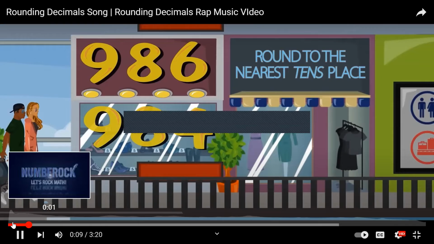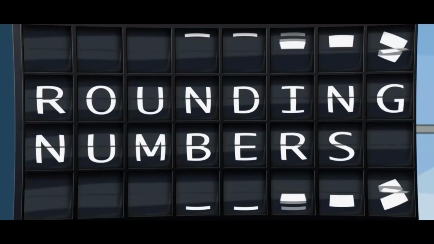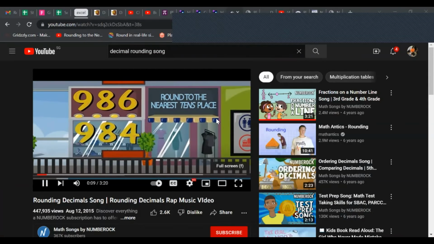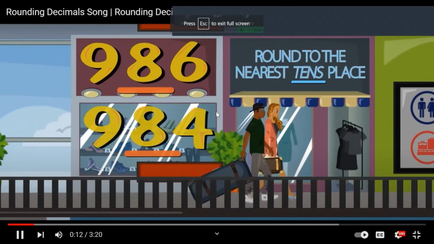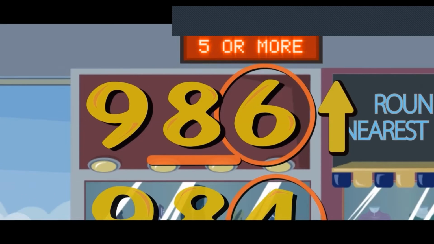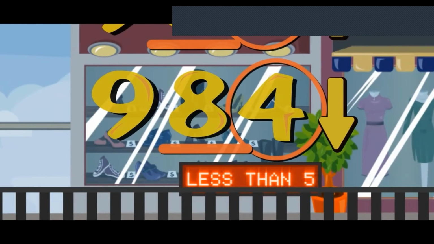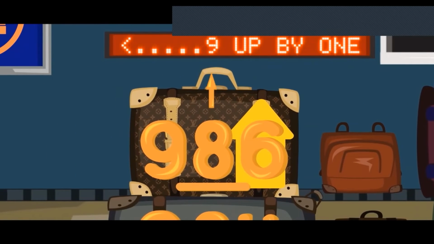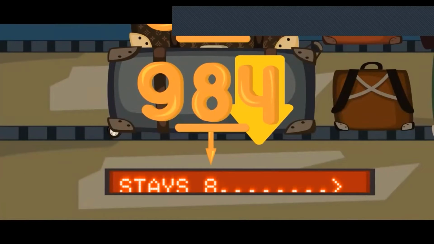When rounding to a certain place value, find the rounding place, then continue to look at the number to the right. You don't need luck. If the digit is 5 or more, then you round up. If the digit is less than 5, then you round down. That's how the rounded number is found. When rounding up, the rounding place goes up by 1. When rounding down, it stays where it had begun.